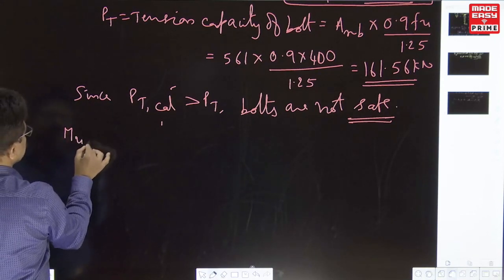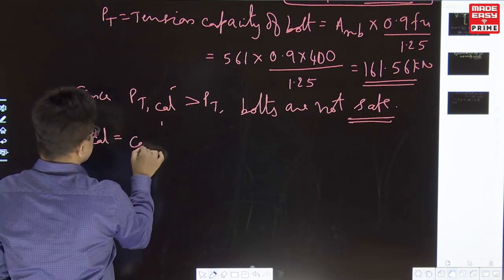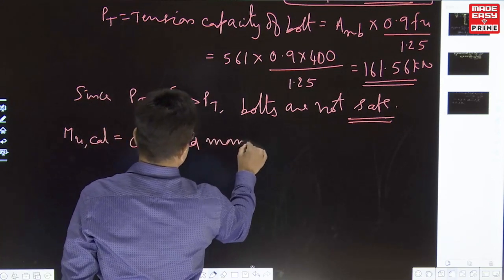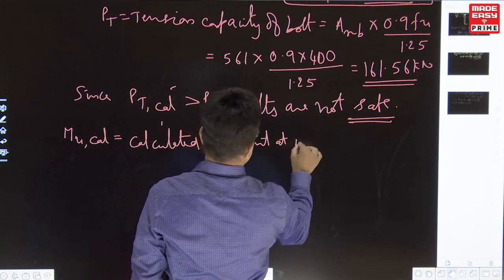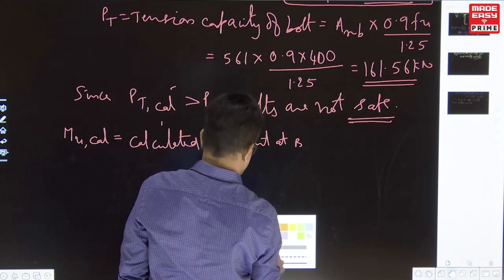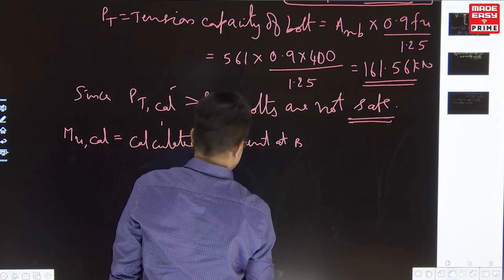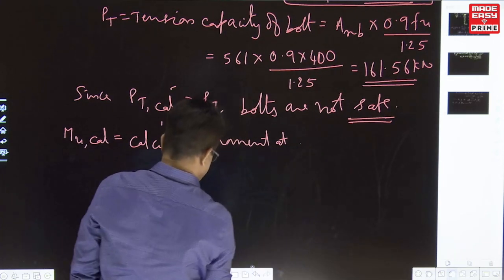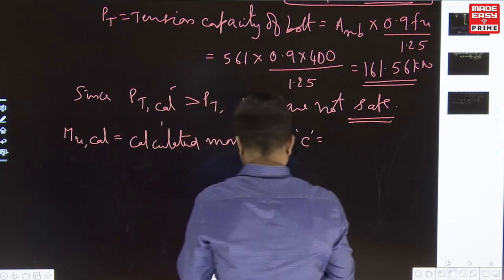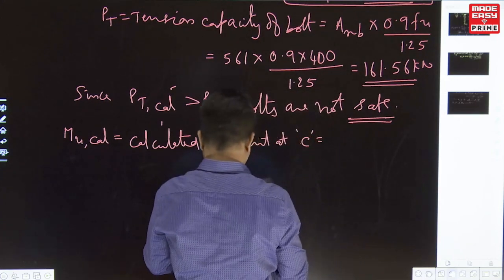MU cal, the calculated moment at B, at C, let us say. Now another possibility is that only. Calculated moment at C, this we have calculated: TE into LV by 2.